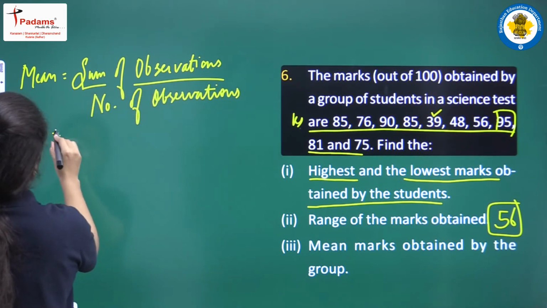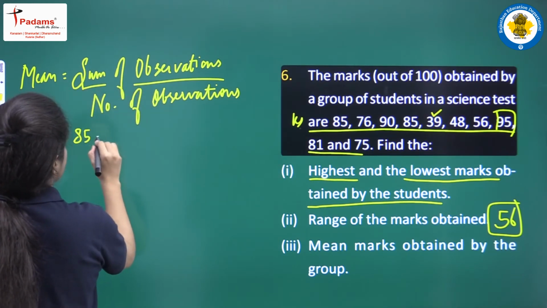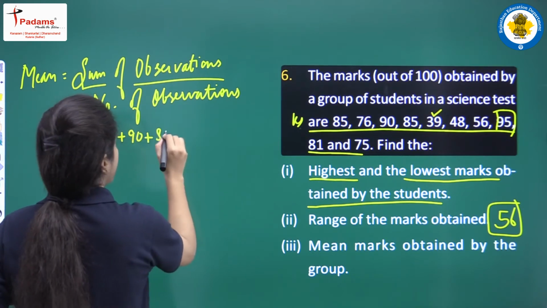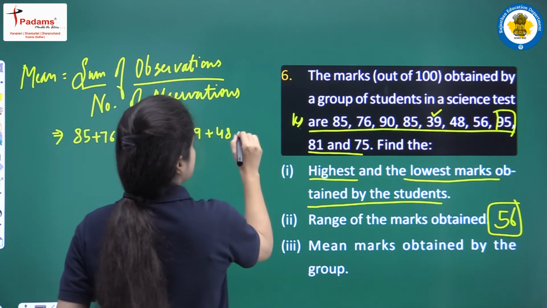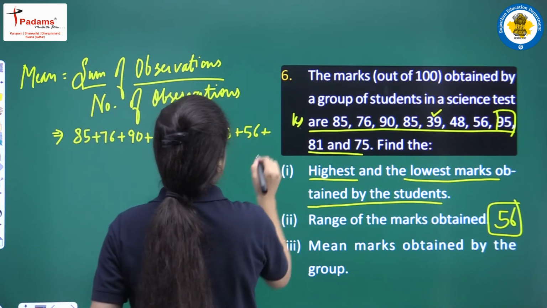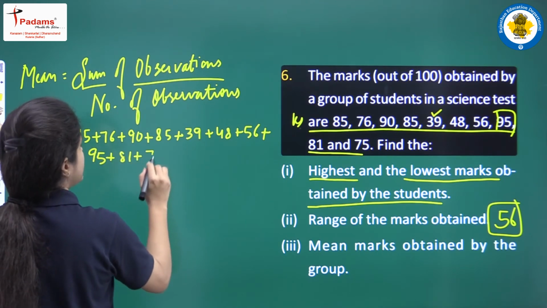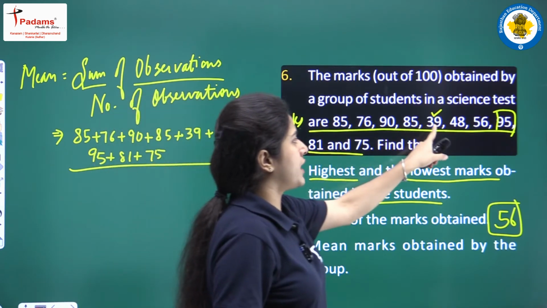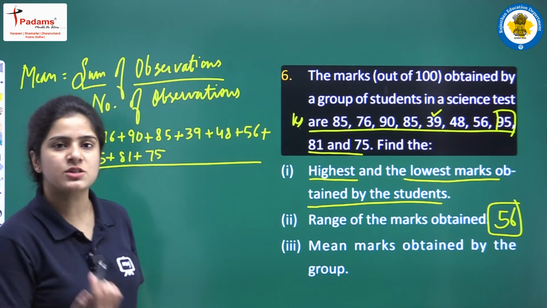Alright, students, so sum of observations is equal to 85 plus 76 plus 90 plus 85 plus 39 plus 48 plus 56 plus 95 plus 81 and plus 75. Now 1, 2, 3, 4, 5, 6, 7, 8, 9 and 10. So number of observations is equal to 10.